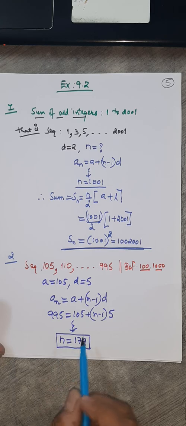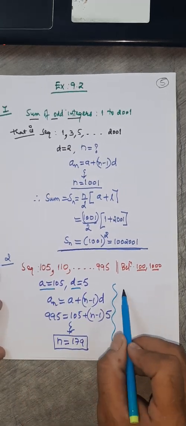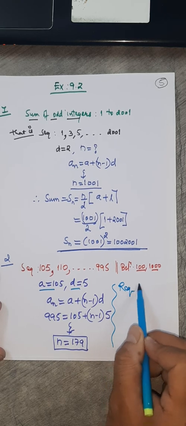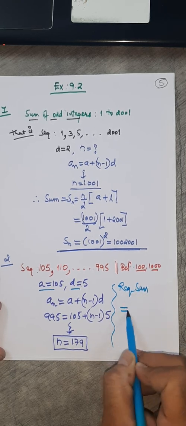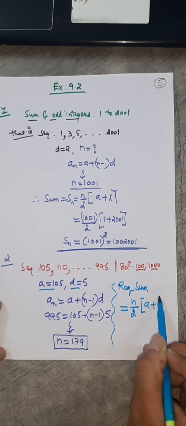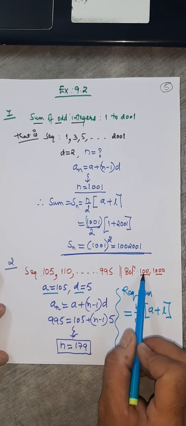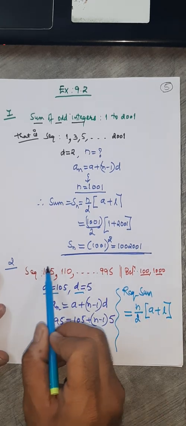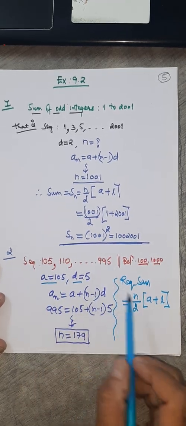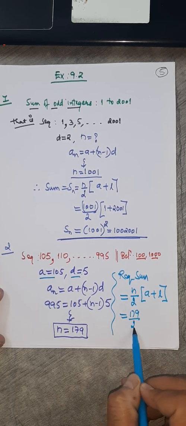Okay, so you know N now, you know A, you know the common difference. So the required sum is equal to N by 2 into first term plus last term. This is the sum of all numbers between 100 and 1000 which are divisible by 5. N you know is 179 by 2.